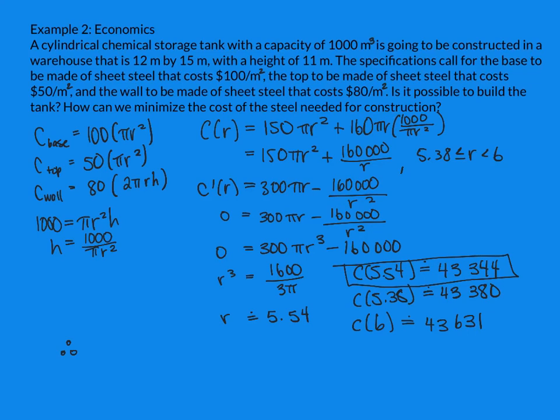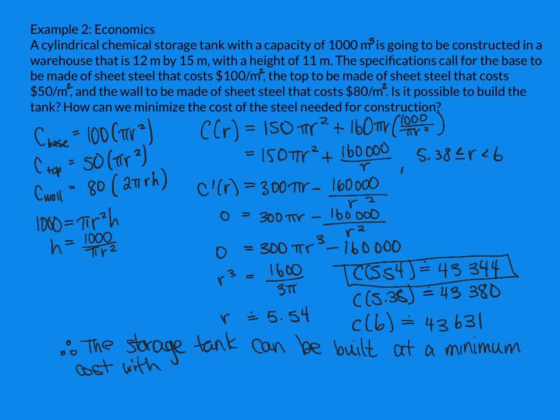So therefore, the storage tank can be built at a minimum cost with a radius of 5.54 meters.